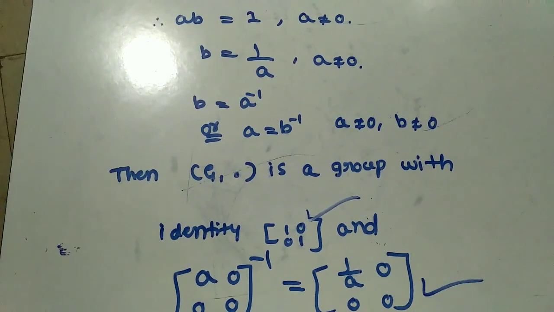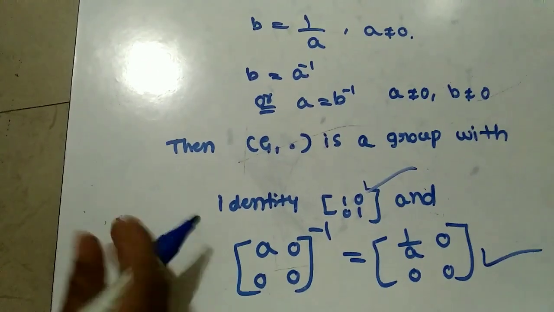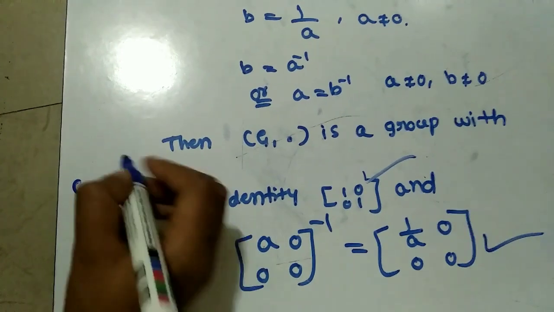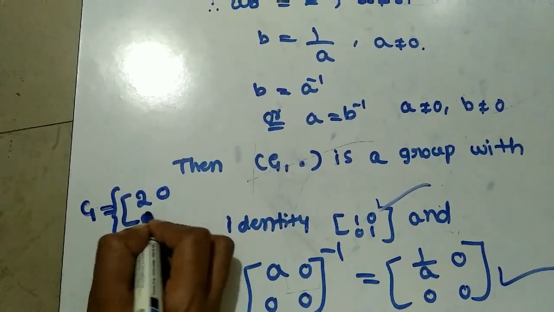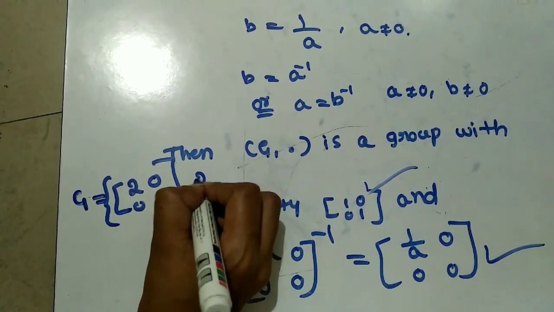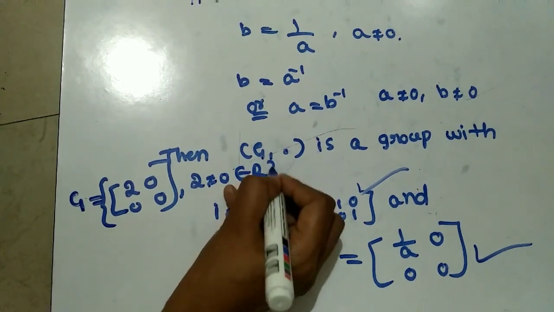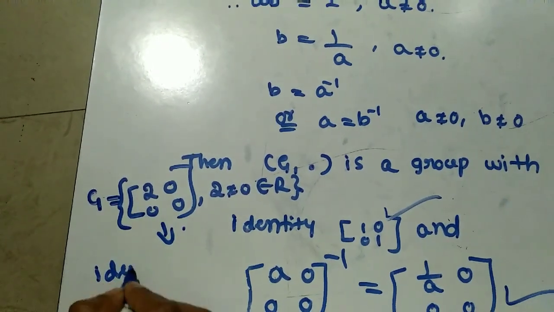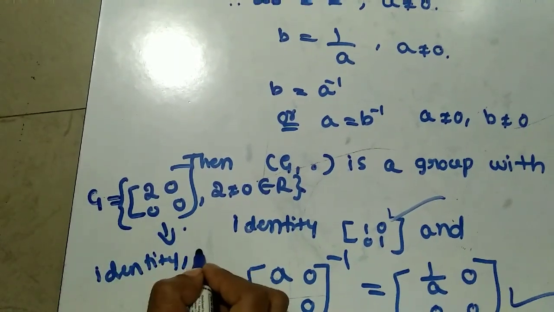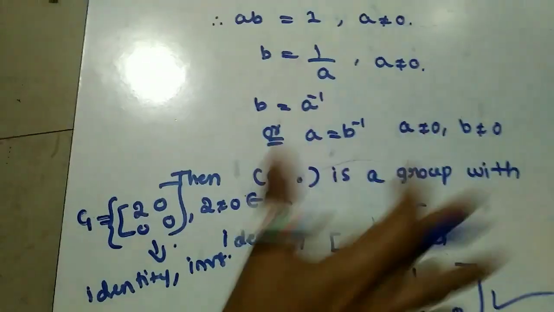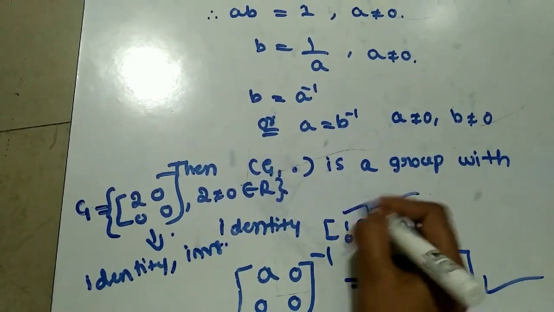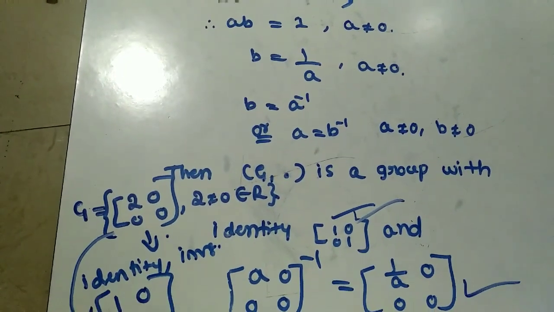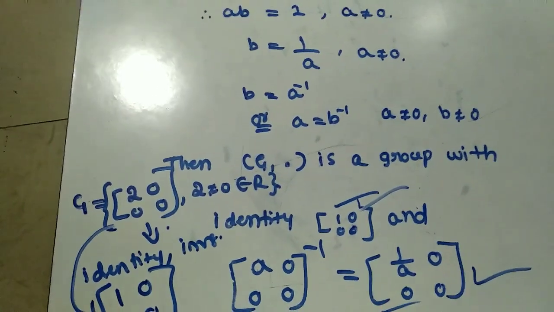Because in your examination, if they ask a question in this form, like G is equal to 2 0 0 0, where of course this 2 is not equal to 0 and belongs to R, and they ask for finding the identity and inverse, then without solving the whole process, if you remember these two things, you can easily say the identity of this matrix is 1 0 0 0.